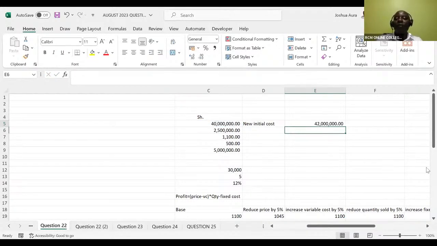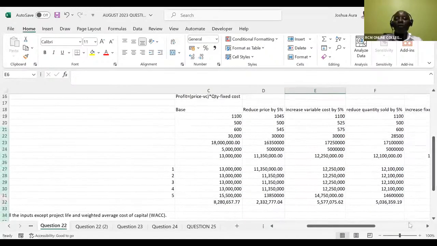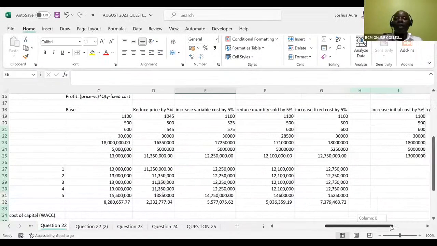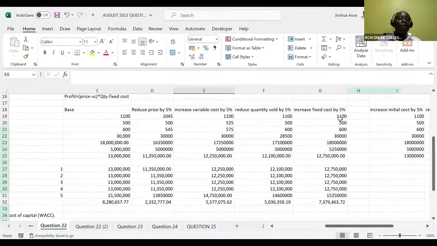So now after I get this figure, I should be able to use it very well. So I'll come here. I know there is nothing I'm going to change because initial cost is not featured anywhere in getting the cash flow.